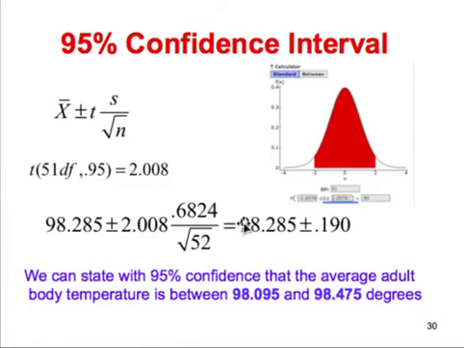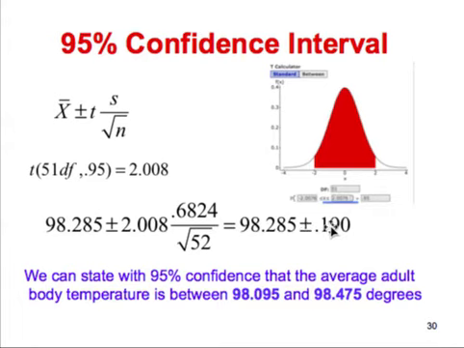Next, we calculate the margin of error, which is the t-value, 2.088, times the standard deviation, 0.6824, divided by the square root of the sample size, which is 52. So the margin of error works out to be 0.19, which gets added and subtracted from the sample mean.